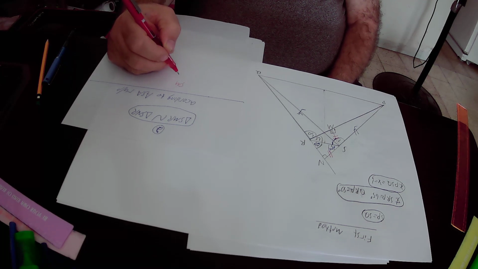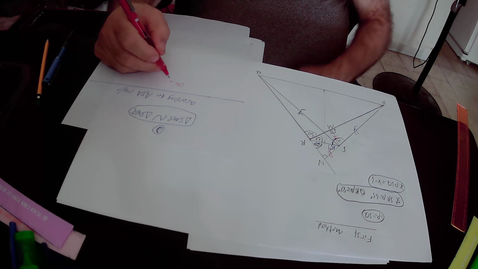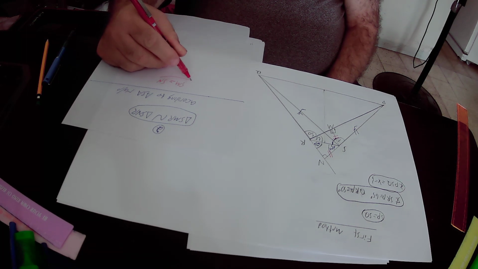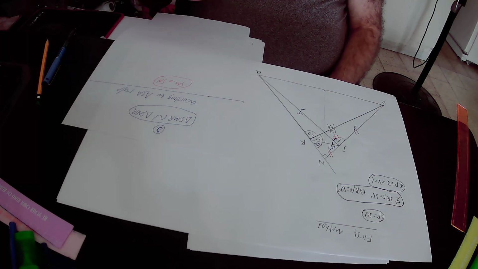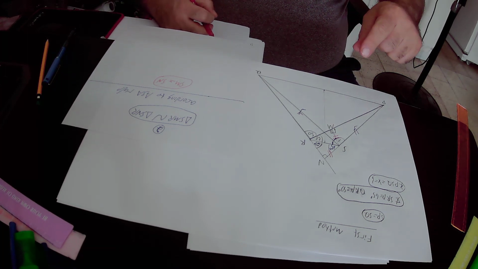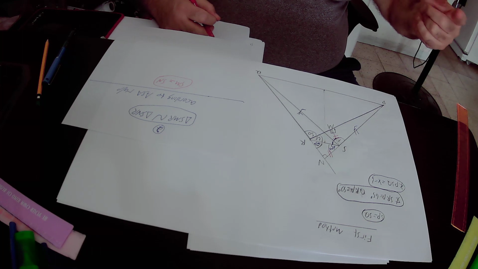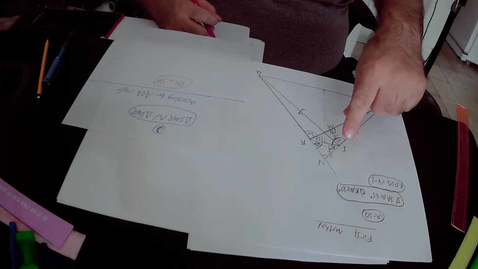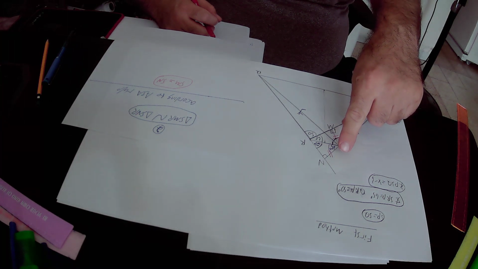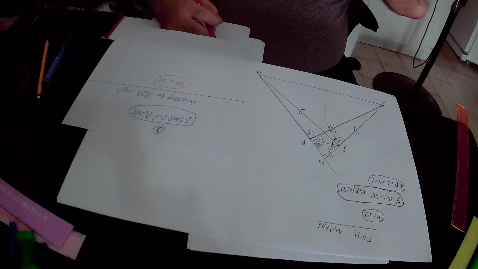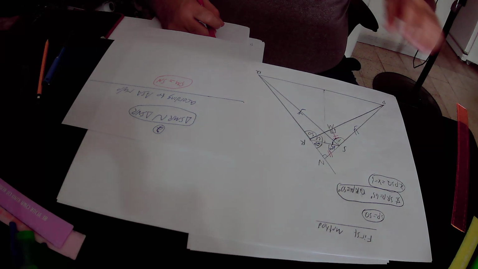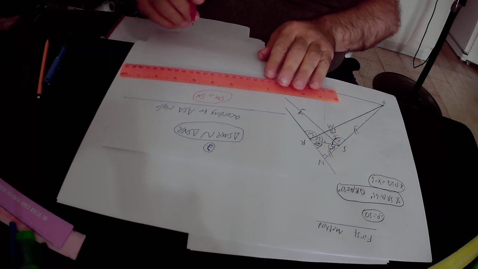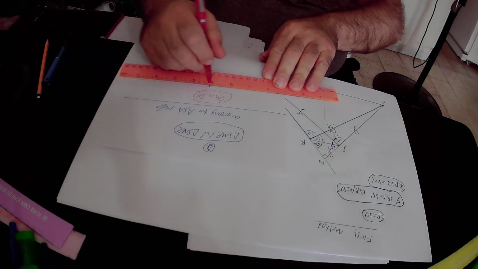Side SM of triangle SMR is equal to side SN of the right triangle SNR, according to the rule that corresponding sides in congruent triangles are equal to each other. Those two triangles are congruent to each other, therefore those two corresponding sides will be equal to each other. Okay? So we proved that side SM equals side SN.